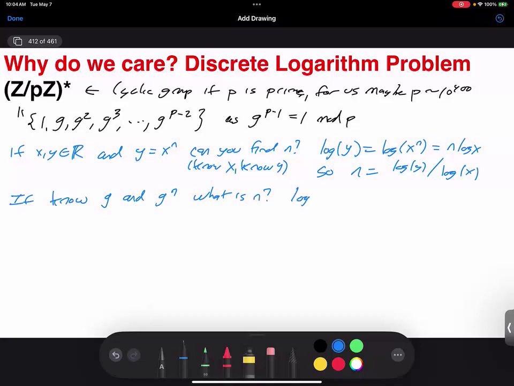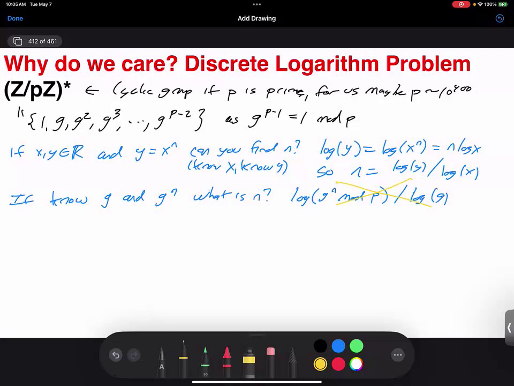I can't do the log of g to the n mod p over the log of g. That's the problem: when we're doing things on discrete groups, it's not g to the n, it's g to the n mod p.